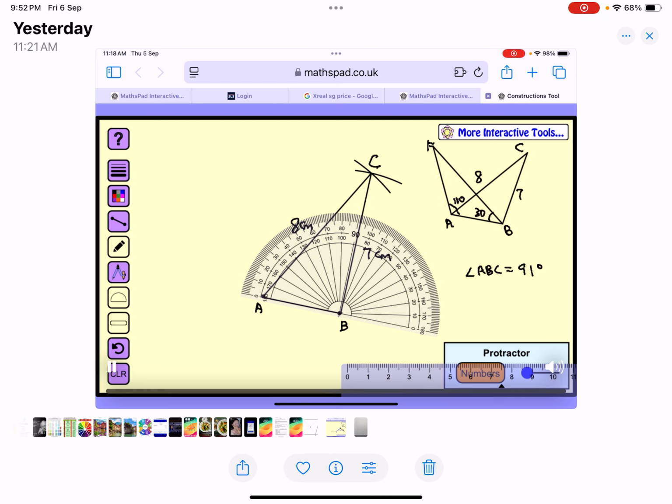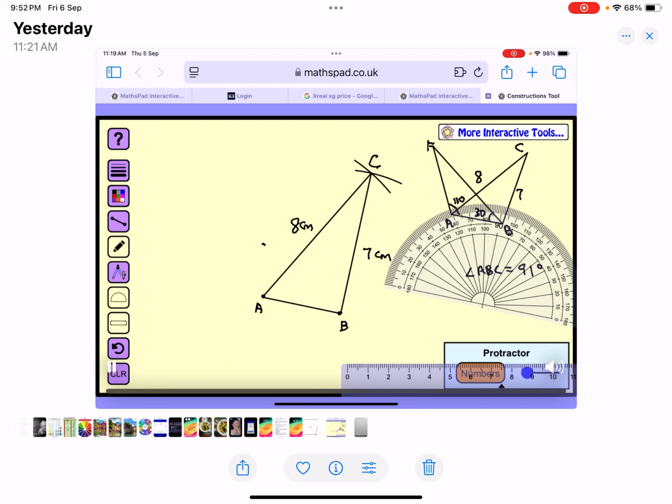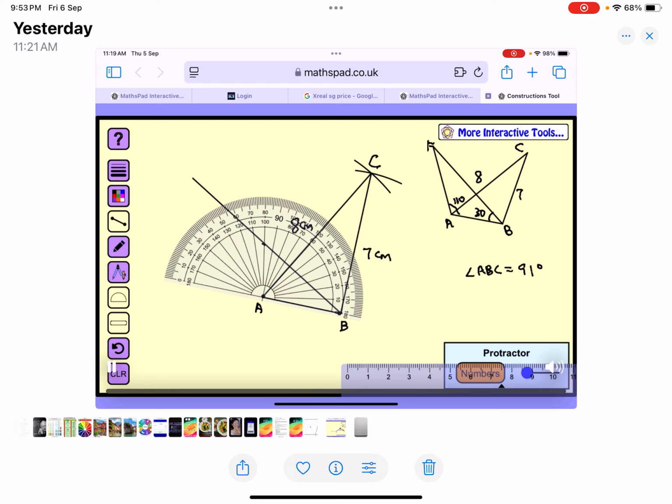In the second part, we need to construct and label the position of F. F is 30 degrees from B, so 30 degrees from B is here, and we draw the line 30 degrees from B. Then it is 110 degrees from A, that will be here.